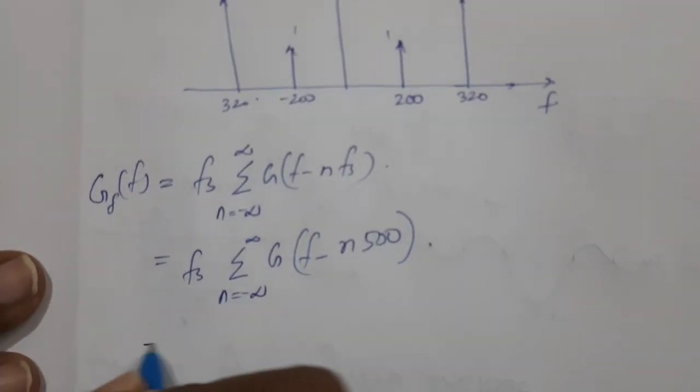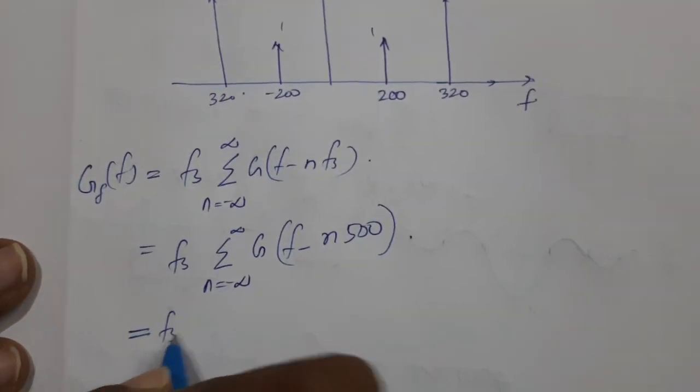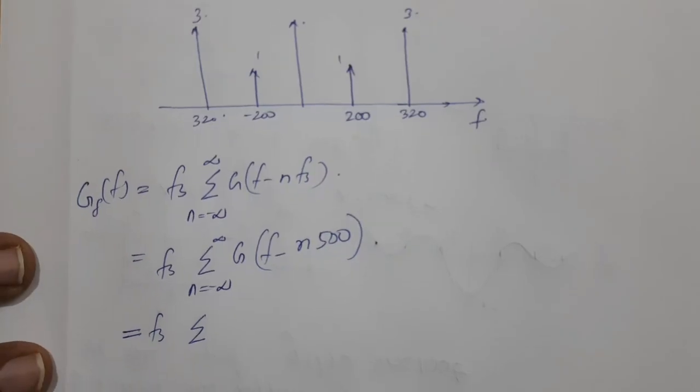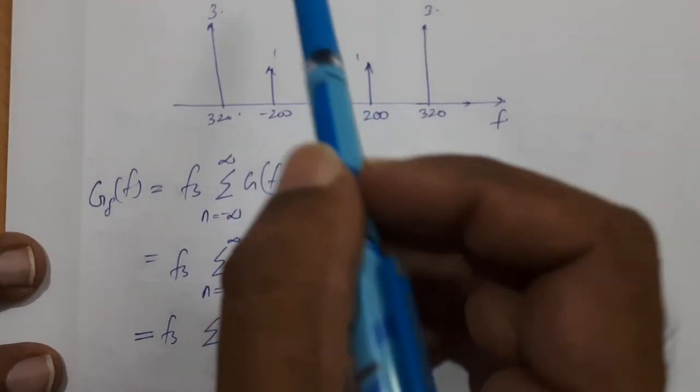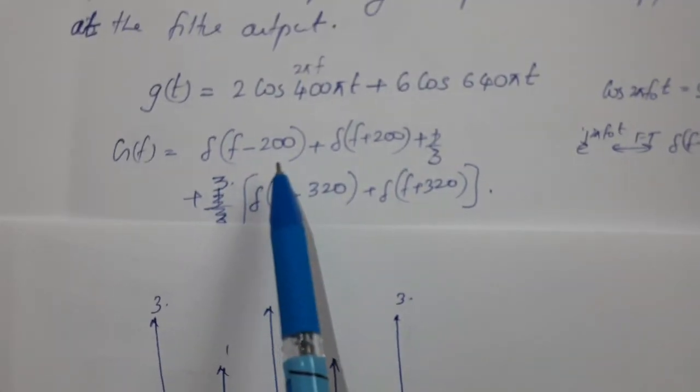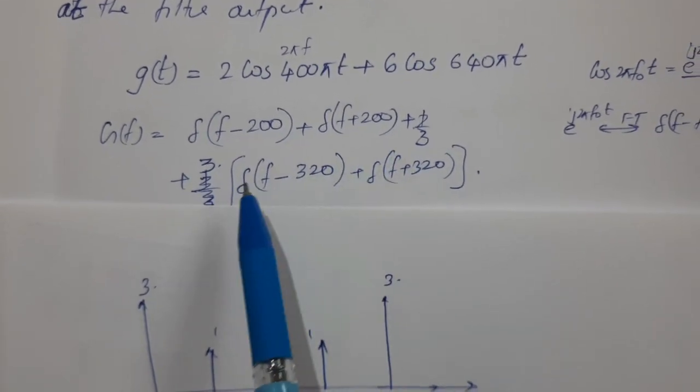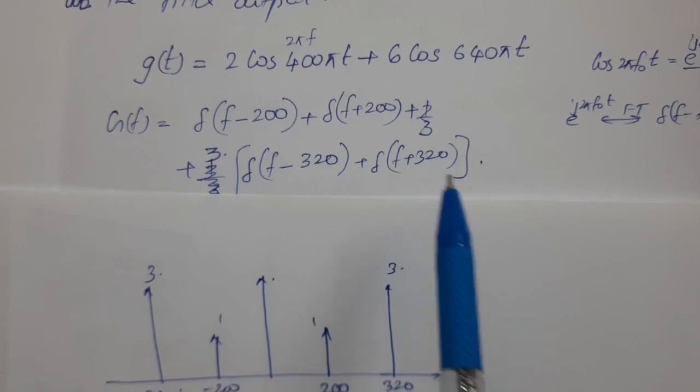We know that g of f is delta f minus 200 plus delta f plus 200 plus 3 times delta f minus 320 plus delta f plus 320.